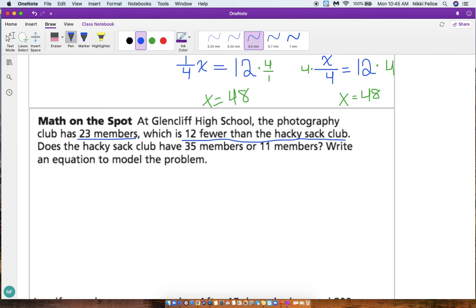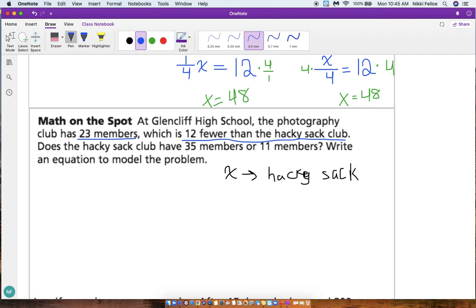Well, 12 fewer than Hacky Sack. I don't know how many members Hacky Sack Club has yet, so that would be my variable. That's my unknown. So when I use a variable in this problem, like x, that's going to represent the Hacky Sack Club's members.